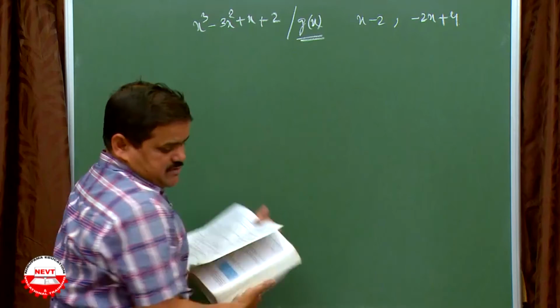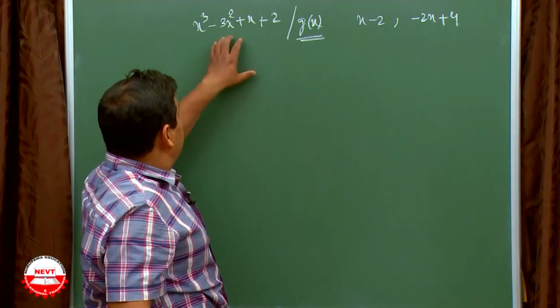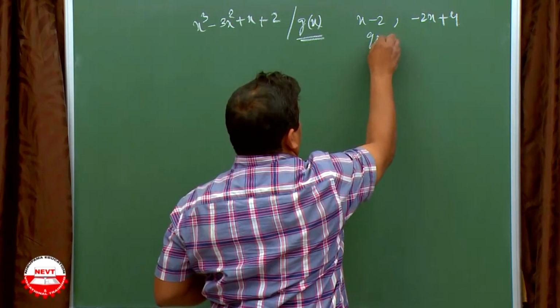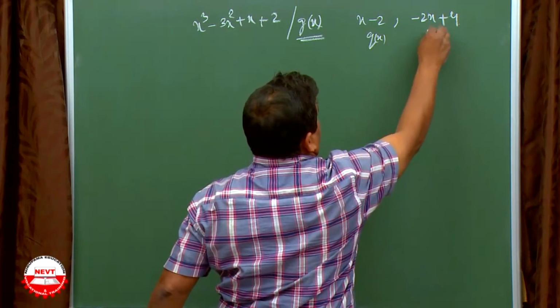Find g(x). That means this is the polynomial; when divided by g(x), I get this quotient and this remainder.